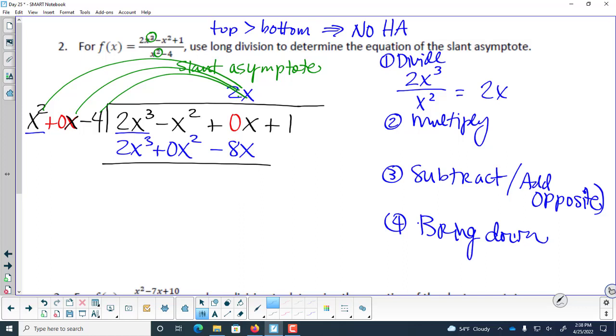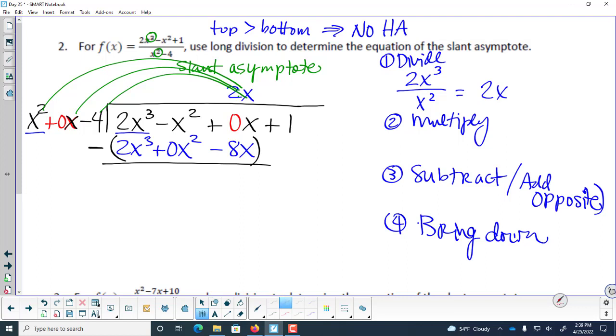Now, if you watched Mario's video, he did the subtract or add the opposite, which I used to always do, and I feel like sometimes that messed people up, but it doesn't matter to me. But here's my recommendation. If you change the signs, I recommend you use a different color. Because if you go back to check your work, you're like, did I write a positive or a negative first? So that's why I kind of stopped doing it, but I don't care. So minus, you're going to subtract all of these terms.